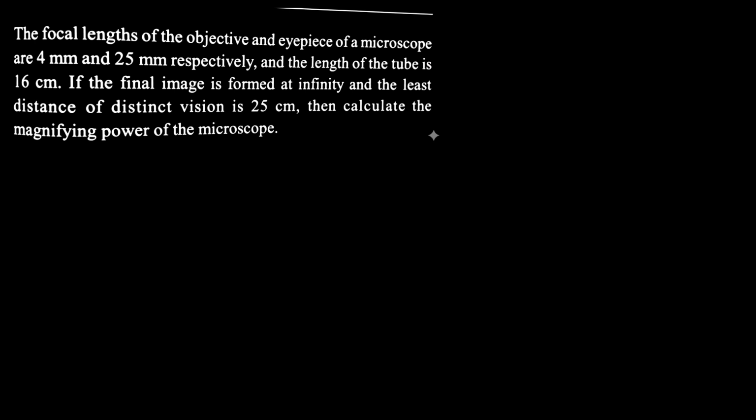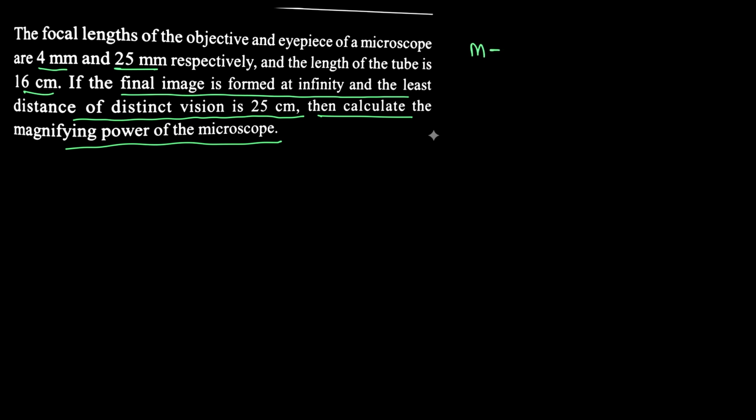The focal lengths of the objective and eyepiece are 4 mm and 2.5 cm respectively. The tube's length is 16 cm. If the final image is at infinity and the least distance of distinct vision is 25 cm, calculate the magnifying power of the microscope. You can see that the final image is forming at infinity.